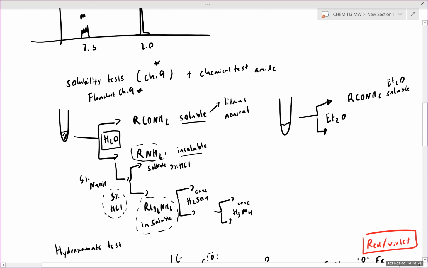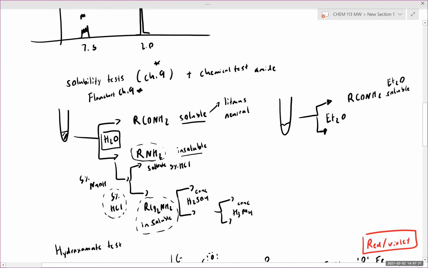Does everyone understand how the 5% hydrochloric acid solubility test allows us to infer whether we have an amine or amide? Perfect. So let's keep going.